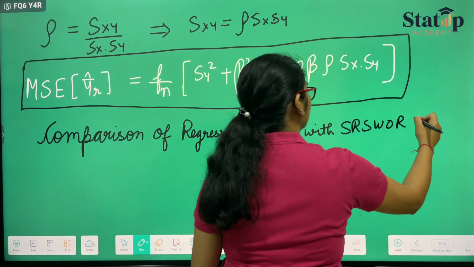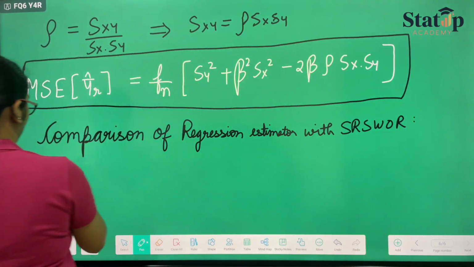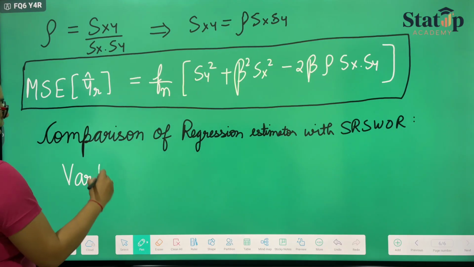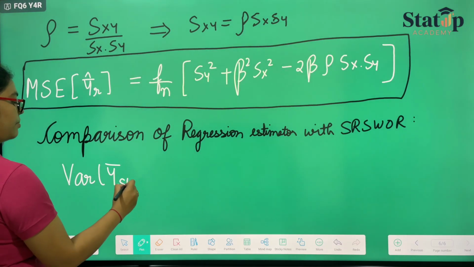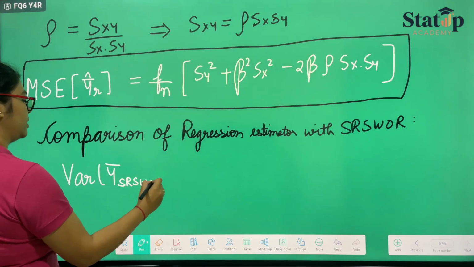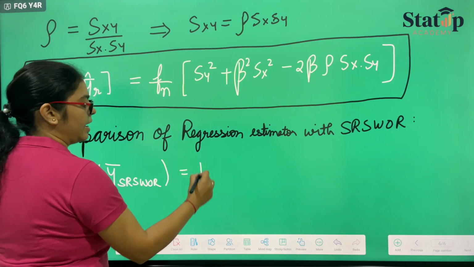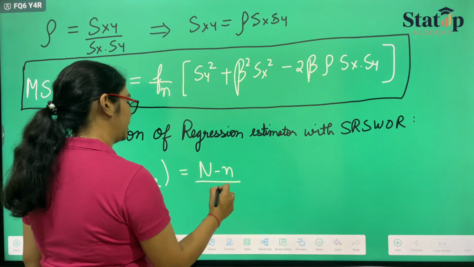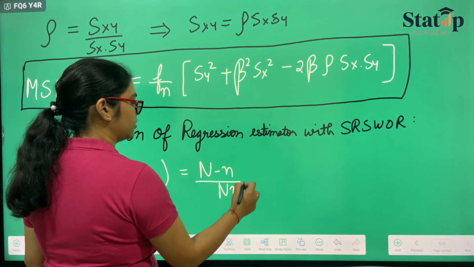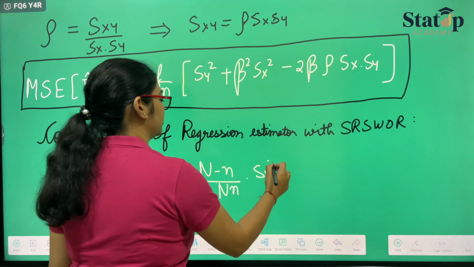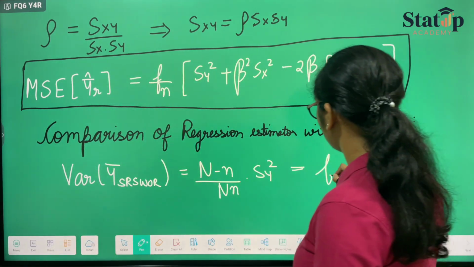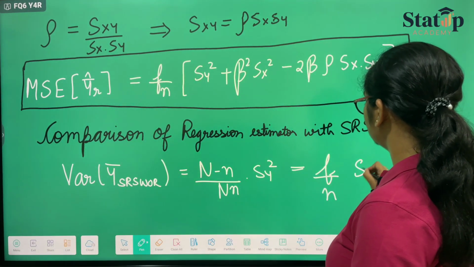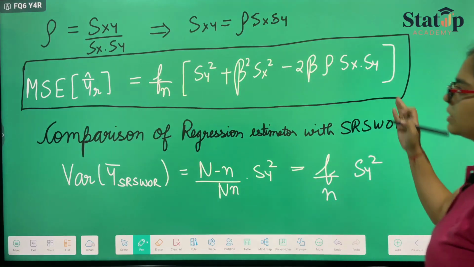If we compare it, we know that the variance of Y bar in simple random sampling without replacement is nothing but (N minus n) upon N into n times Sy square. This can be written as f by n into Sy square. Now compare this with that.